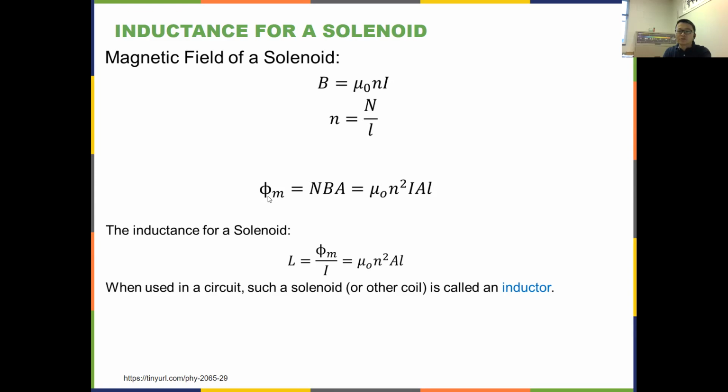For the flux change, you are thinking about the scenario where the current goes from 0 to the final value I. The final flux divided by the current gives the flux change divided by the current change. So that gives you as the final result L equals mu naught N squared A over l. A solenoid used in the circuit is called an inductor because it will have inductance.